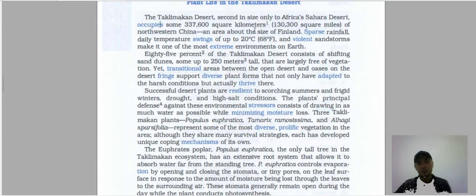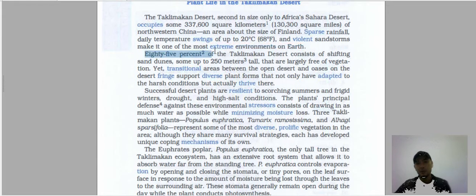The Taklamakan Desert in Southern Xinjiang occupies some area, with little rainfall, daily temperature swings of up to 20 degrees Celsius, 86 Fahrenheit, and violent winds. Central Asia is one of the most extreme environments on Earth.